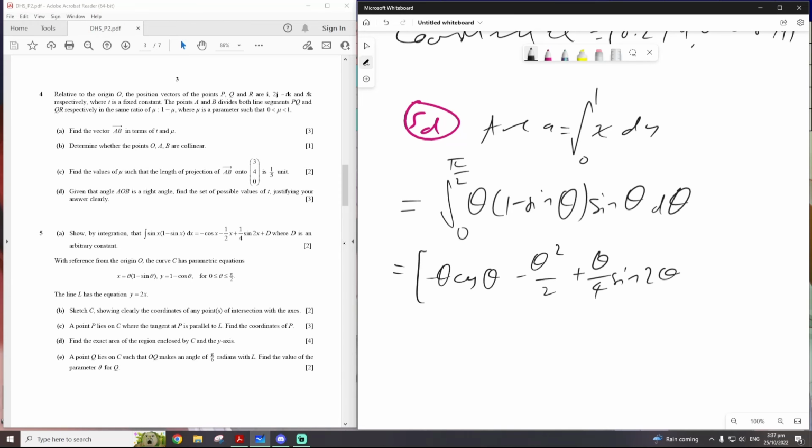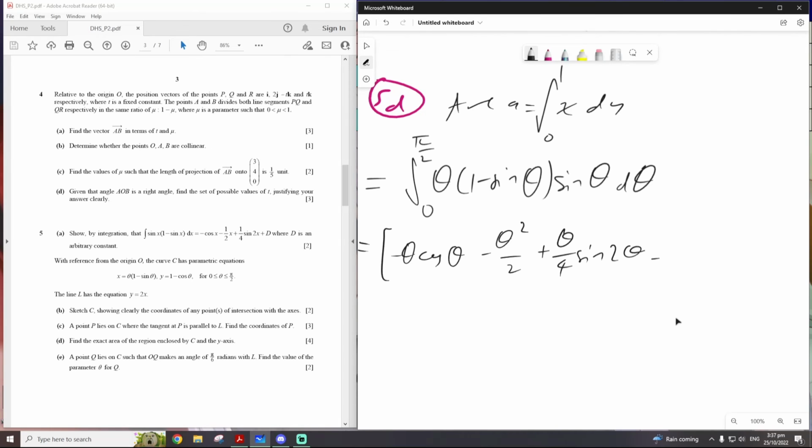And then I need to subtract the integral of the integral of this, which is negative cosine theta minus half theta plus sine 2 theta over 4, d theta, and I take this with limits 0 to pi over 2.